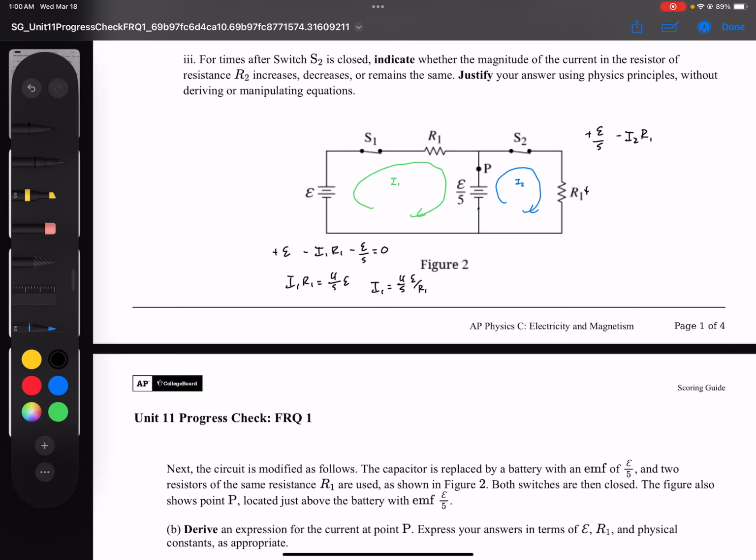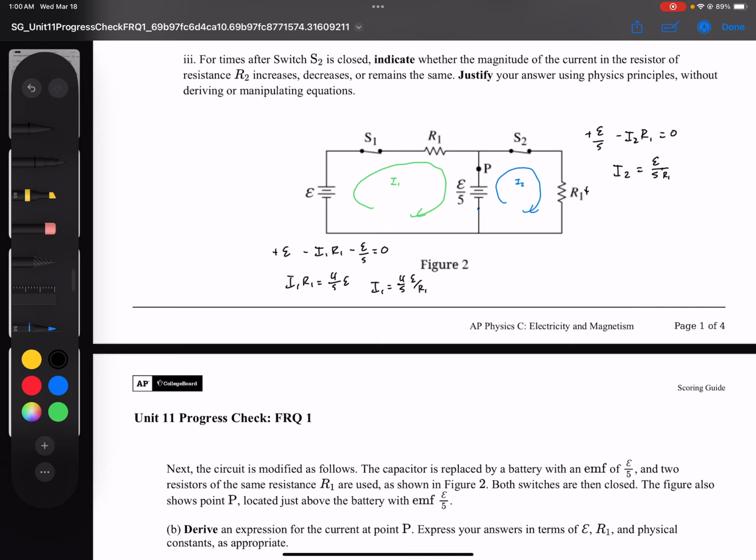And then the current going through point P is going to be a combination of these two currents. So let's first solve for I2. If the sum of the voltage drops has to equal 0, then I2 is equal to epsilon over 5 divided by R1, so epsilon over 5 R1.